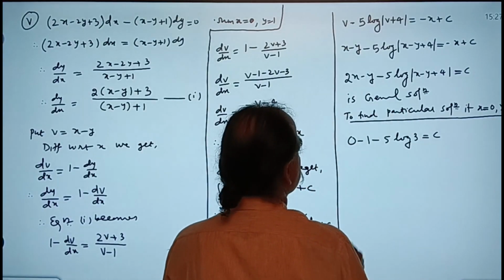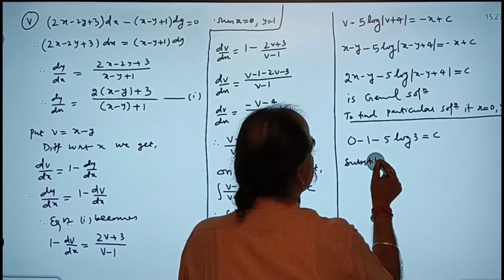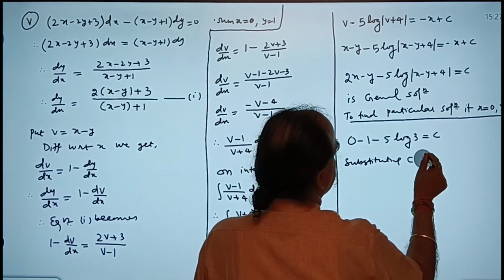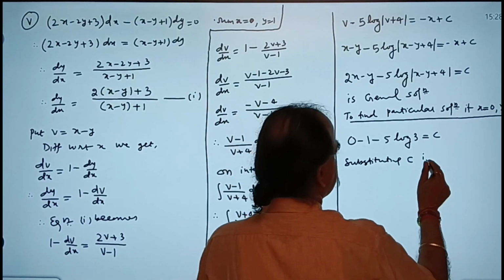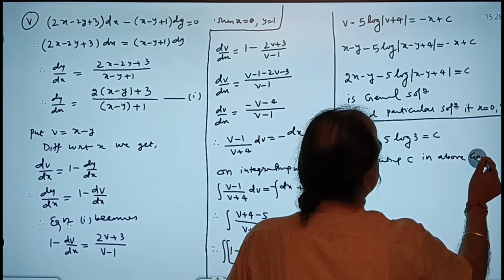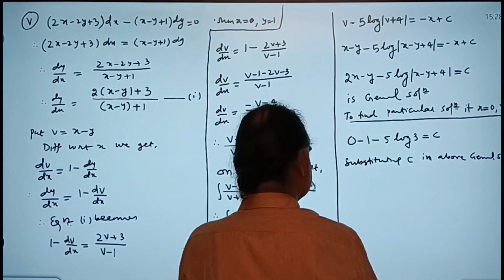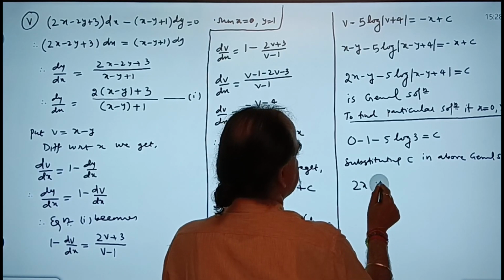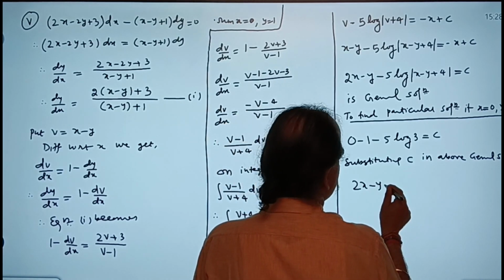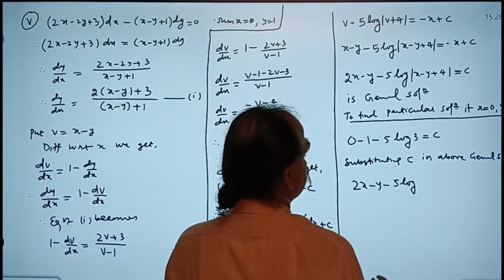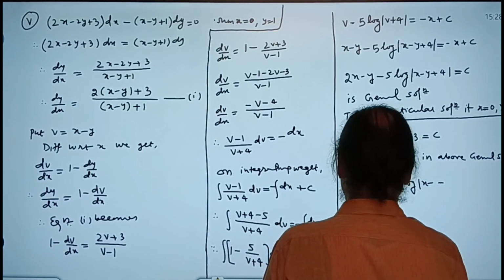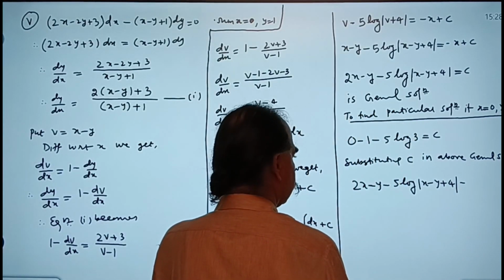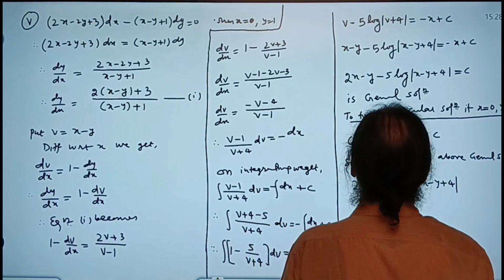Substituting c in the above general solution, 2x minus y minus 5 log x minus y plus 4 is equal to minus 1 minus 5 log 3.